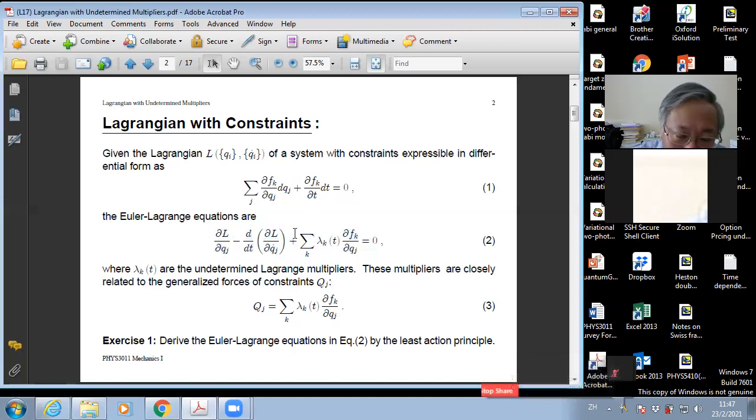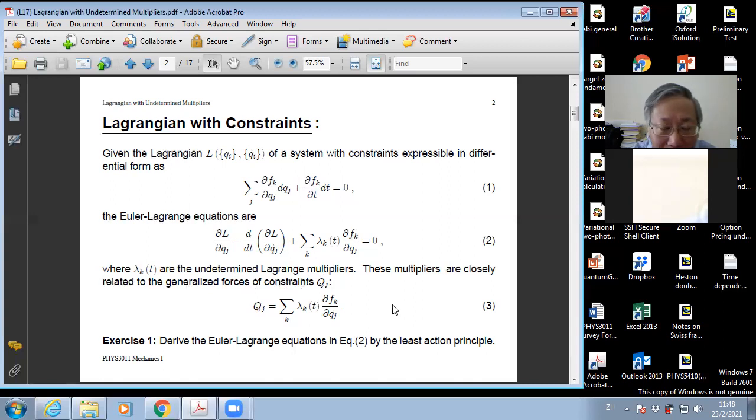Without constraints, the third term will disappear. With constraints, it shows up here as the third term, and lambda k are the undetermined Lagrange multipliers for all the different constraints. If we have only one constraint, of course there's only one parameter.